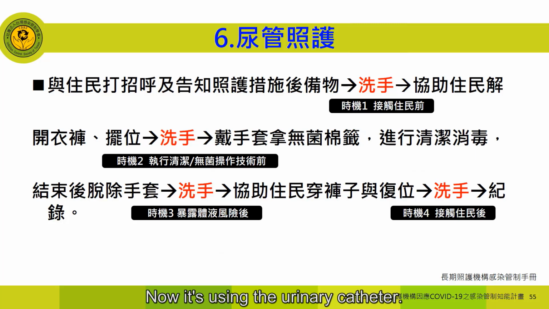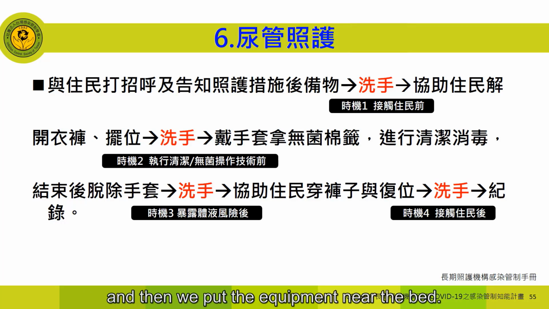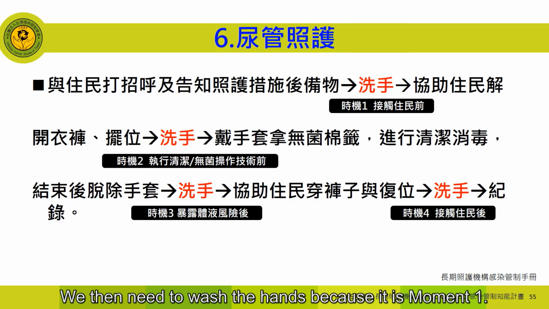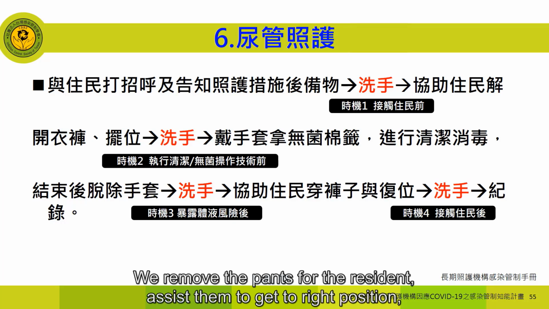Now it's using the urinary catheter. As usual, we greet the residents that we are going to clean the urinary catheter for them, and then we put the equipment near the bed. We then need to wash the hands because it is moment 1. We remove the pants for the resident, assist them to get to the right position.